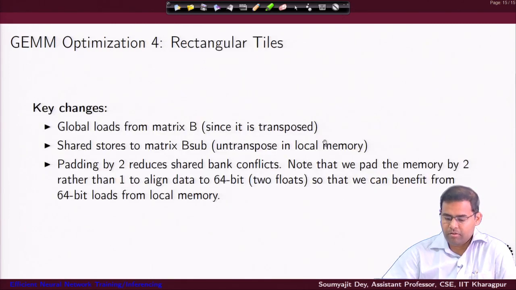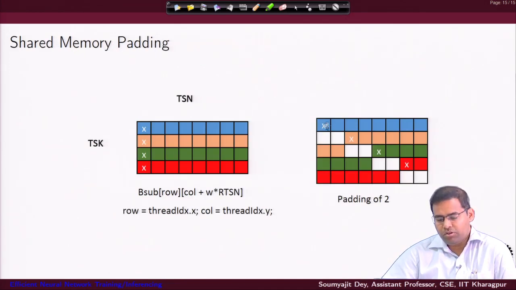The reason is that in your shared memory, for Kepler and other next generation architectures, the banks are 64-bit wide. So, that means you have 2 consecutive data points sitting in the same bank anyway. If your warp is accessing 2 consecutive data points, it is going to have a bank conflict. So, if you give a padding of 2, then you are forcing, as in the memory locations I am showing, that this is one bank and this is the next bank.